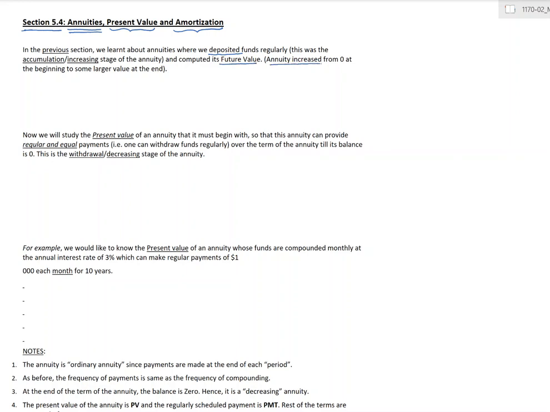So the annuity increased from 0 at the beginning to some larger value at the end. We started with $0, we deposited funds, and after T years, we wanted to know what the future value was.